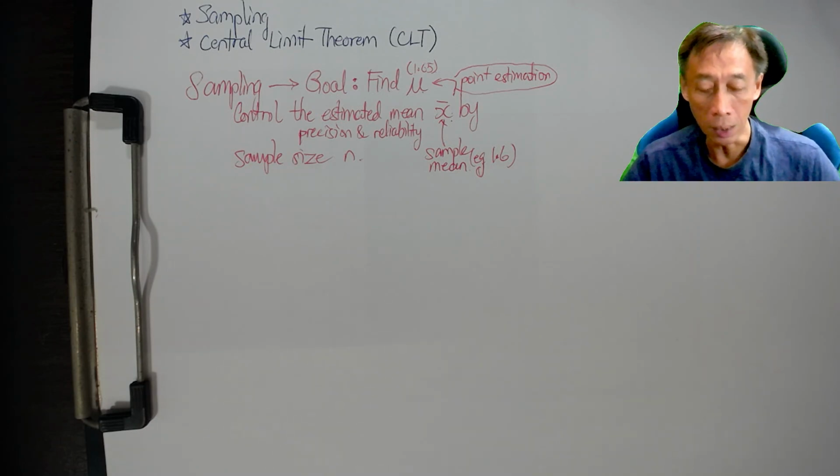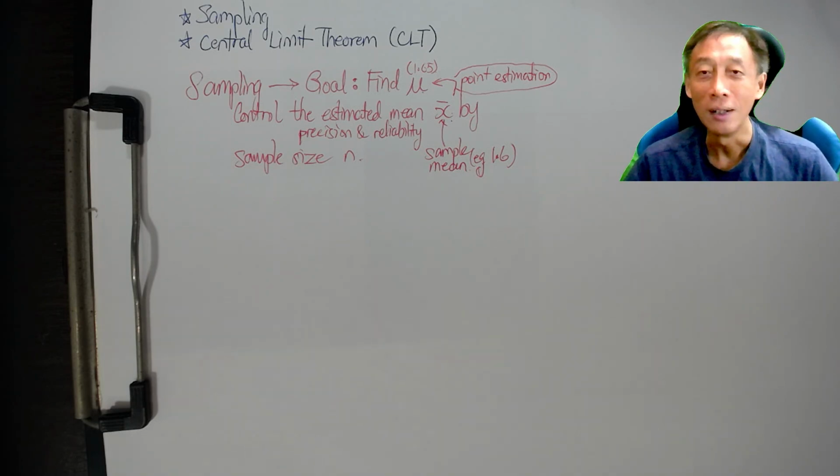Because I, another scientist or neighbor, got two of his neighbors and took the average. That x bar was 1.63, not 1.6. Now you are being challenged. I heard you say mu is 1.6, but my mu is 1.63. So there's a problem: mu cannot be two numbers at the same time.